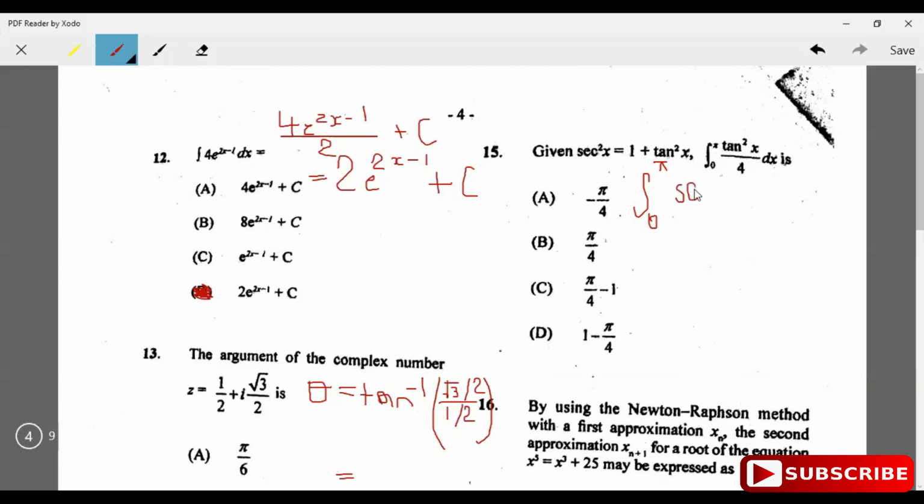So it's the integral of (sec square x minus 1) divided by 4. Now this part right here, we can break it up into two different integrals. We can break it up as the integral from 0 to pi of sec square x over 4.